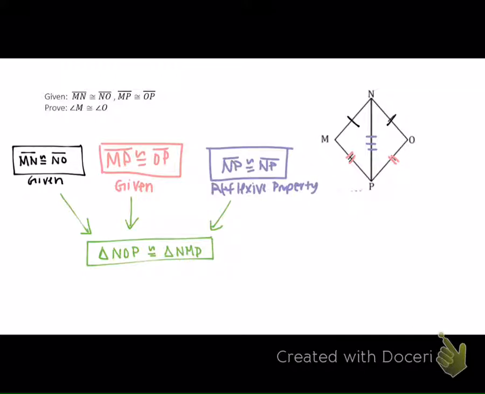So NOP goes 1 to 2, and MP goes 1 to 2. Perfect. So now we can say, because of corresponding parts of congruent triangles, that angle M is congruent to angle O. They're lined up here. They're the corresponding parts of two congruent triangles, so therefore they are congruent.